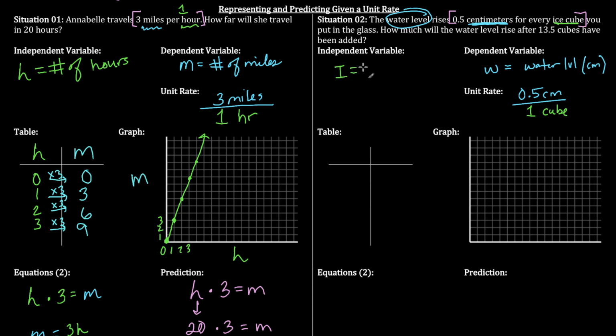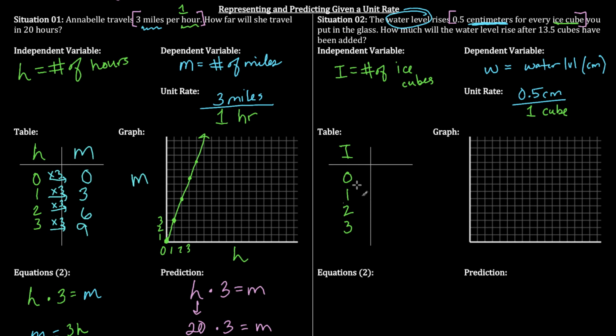So we'll just put ice cubes. So number of ice cubes, which doesn't tell us what to count by or anything. So 0, 1, 2, 3.